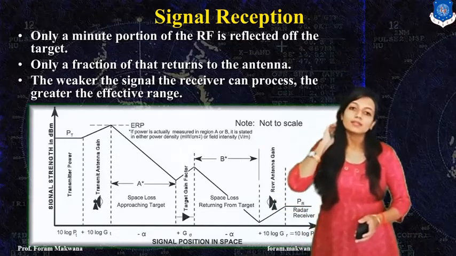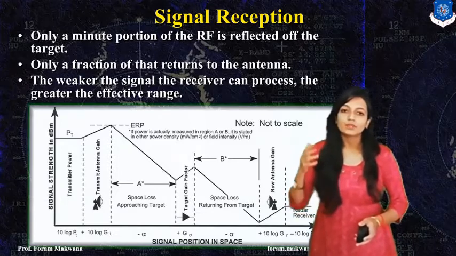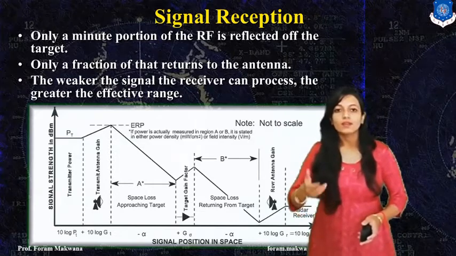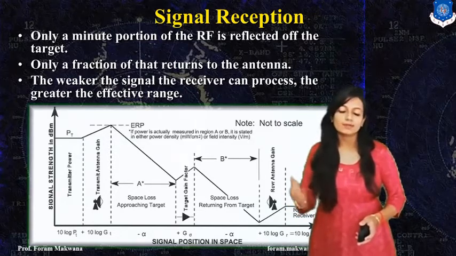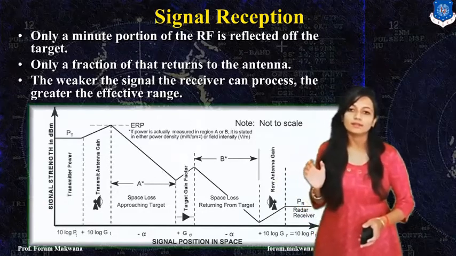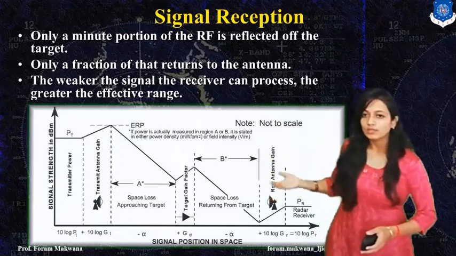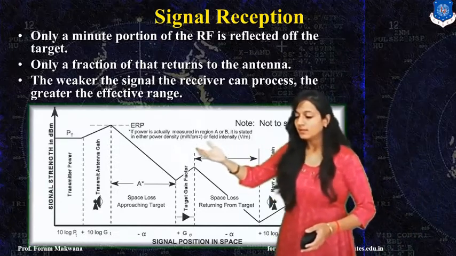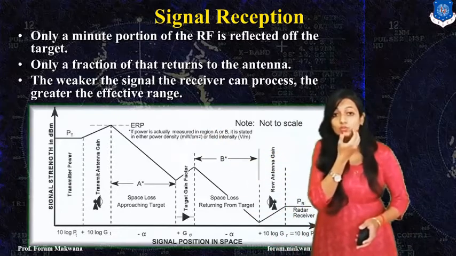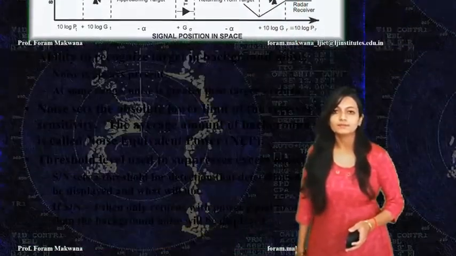As the signal has to travel through space, some part of the signal is going to be absorbed, and for that, my signal is going to be attenuated and there will be loss. Alright? So, this is how the signal strength depends when the signal is transmitted in space. Okay?